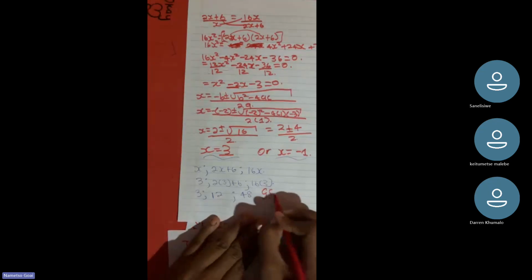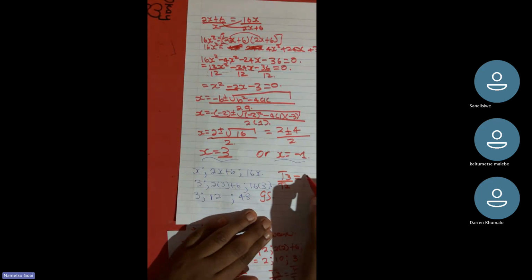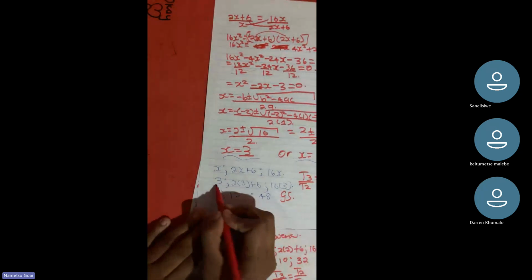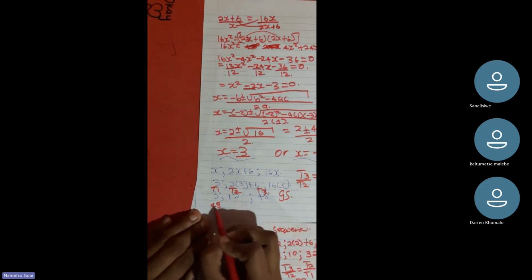So now how do we check if x is our solution? Remember, this is a geometric sequence. And we said T3 divided by T2 should be equal to T2 divided by T1, right? So now this is our T1, T2, T3 in this example. So we're going to have 48 divided by 12, which gives you 4.